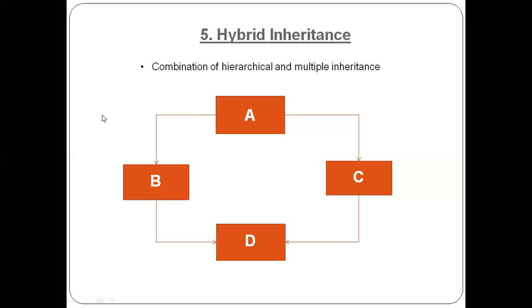Yes, sir. With the help of the object we have created for class D, we are going to achieve all the properties from B to A and also from C to A. So there are two different paths to achieve all the properties of class A.